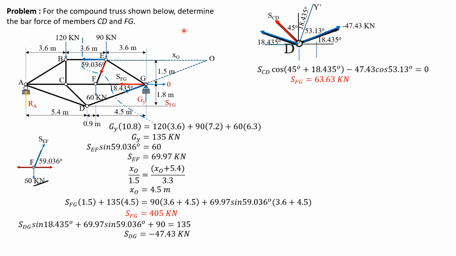Clockwise positive, so we have SFG times 1.5. Then these two forces are involved as well as this 90 kilonewton load.